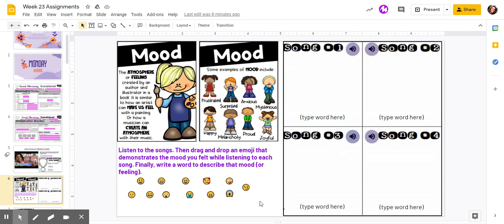Each song should give you a different mood. Then after you've put the emoji, you're going to write a word for the mood that you felt, or the mood that was created. Here are some moods, but you can put other words to describe your mood if these do not fit.